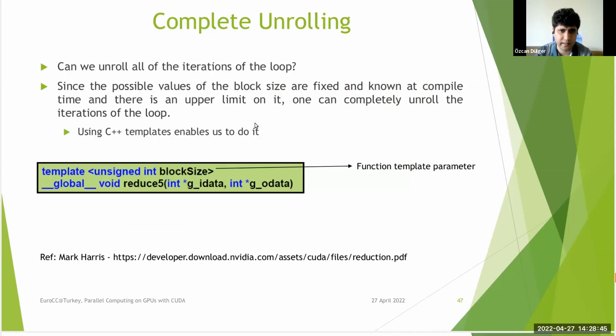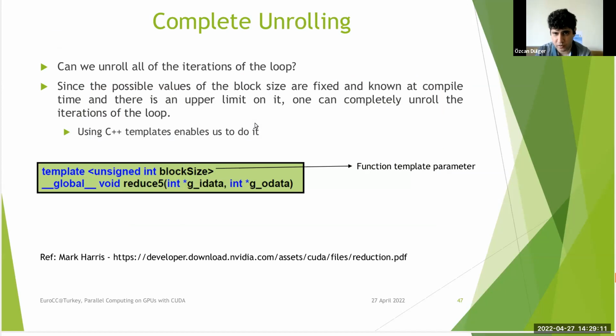So the question is, can we unroll all of the iterations of the loop? Can we unroll all of them? Yes, it's possible. Why? Since the possible values of block size are fixed and known, we know that the block size can be at most 1024.